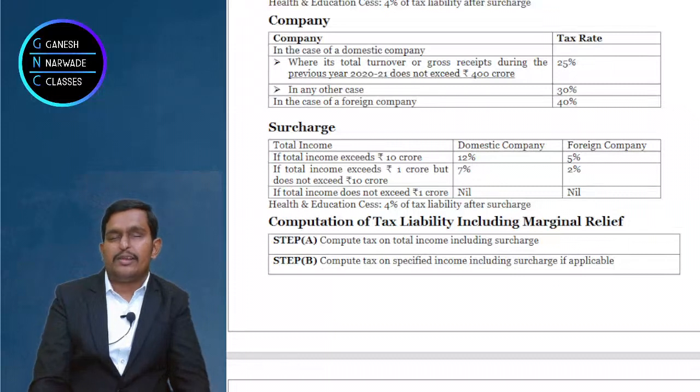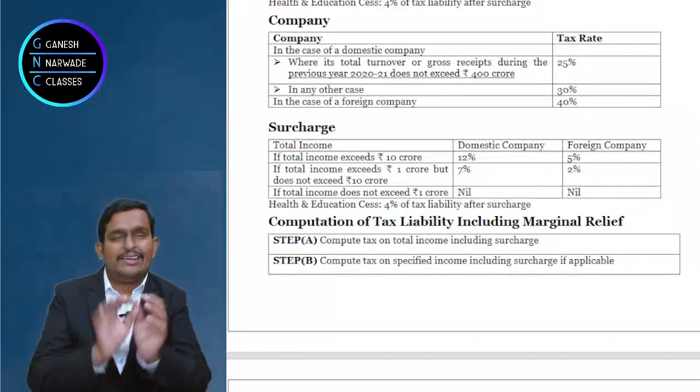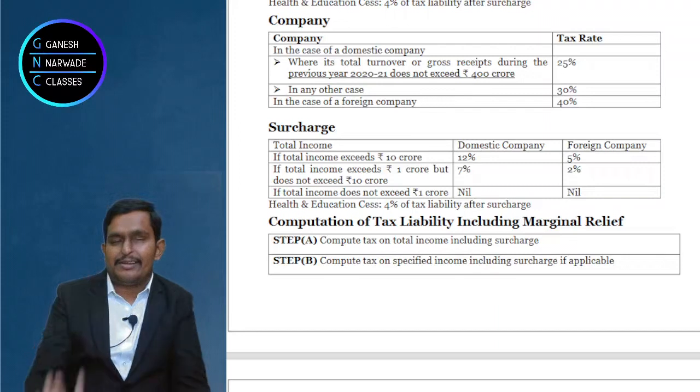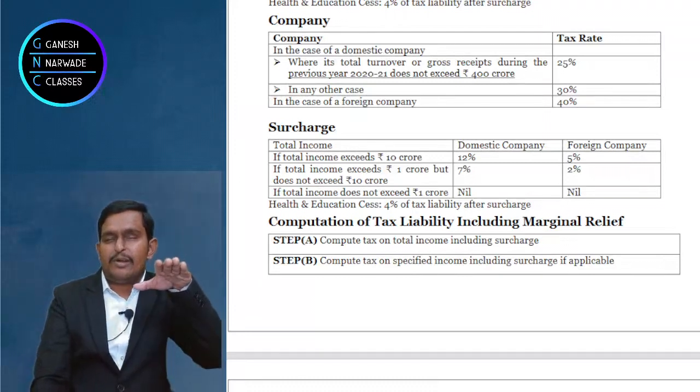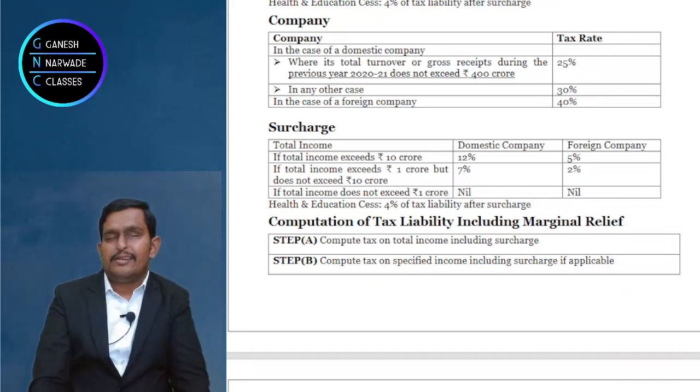Shall we go to foreign company? Foreign company tax rate is straight 40%. Because high tax rate is levied for foreign companies, surcharge is less. Because surcharge is a tax on tax, right?